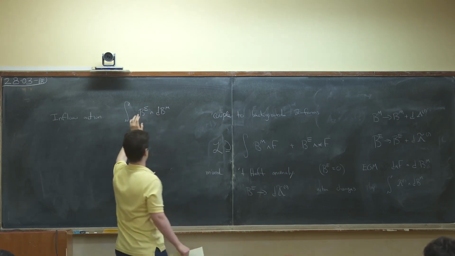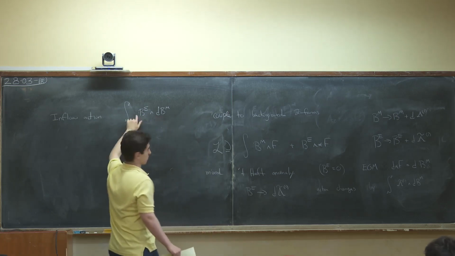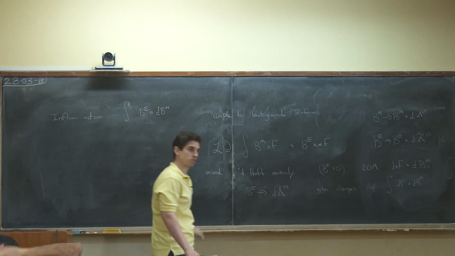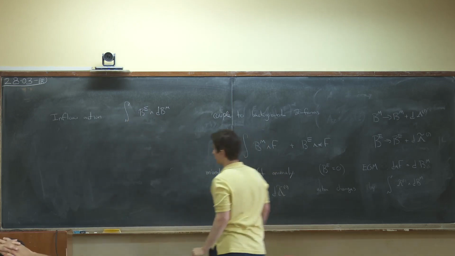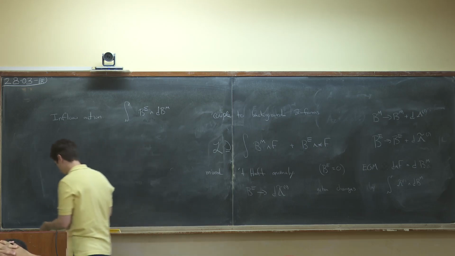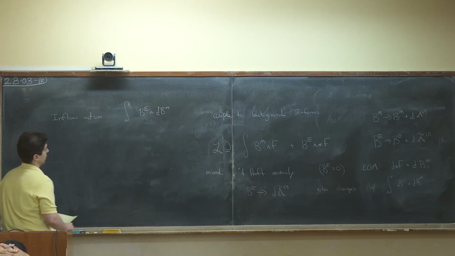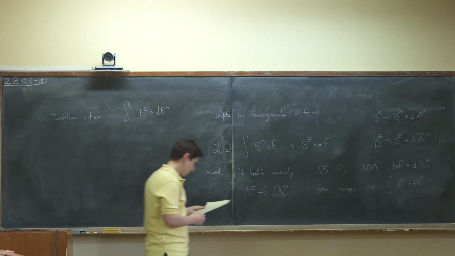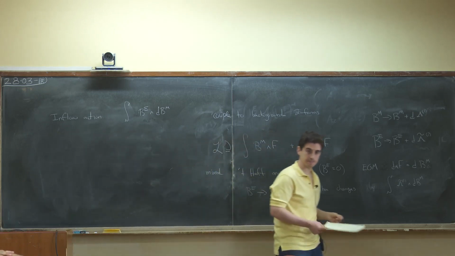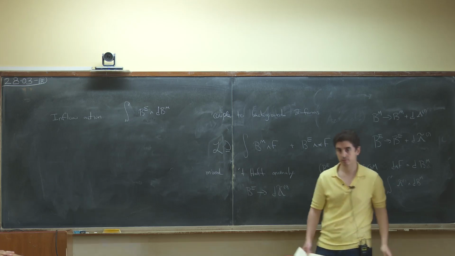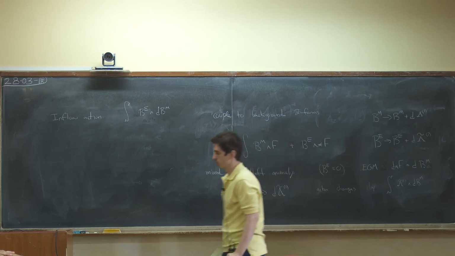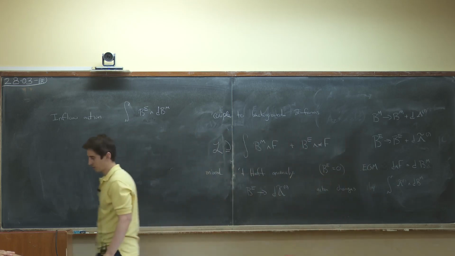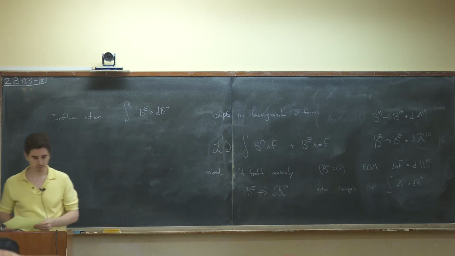But you could, by adding local terms, get the form where you move the d over here or something that looks a little more symmetric. Okay, but anyway, this is our first example of an anomaly in a higher-form symmetry. For continuous two-forms, you cannot write such a term.